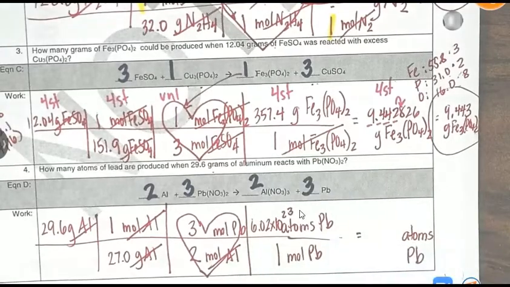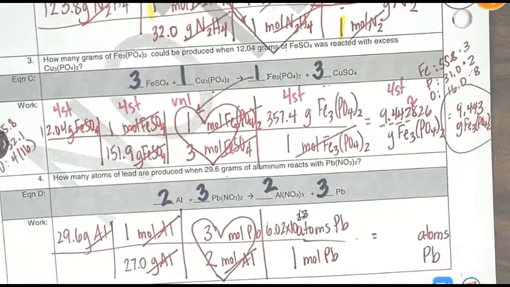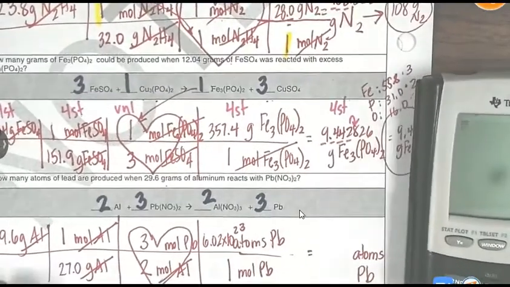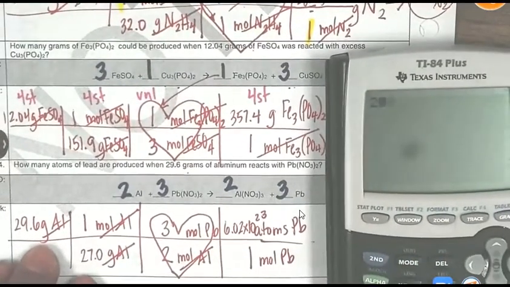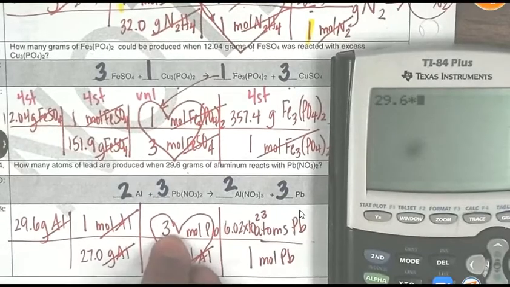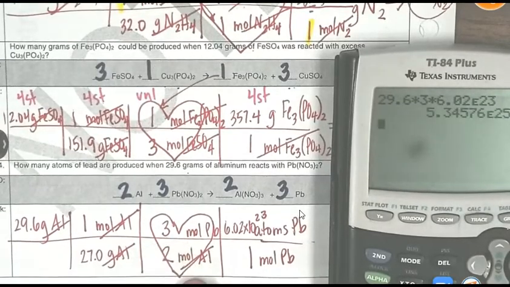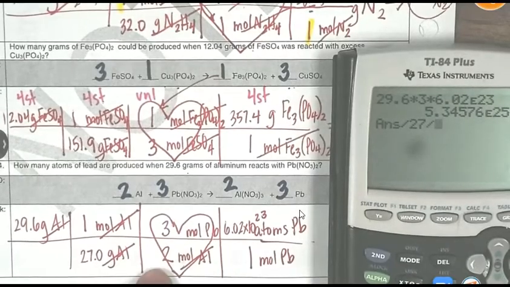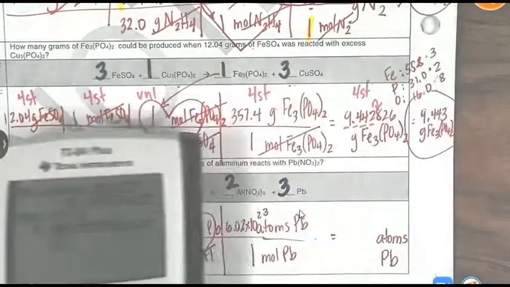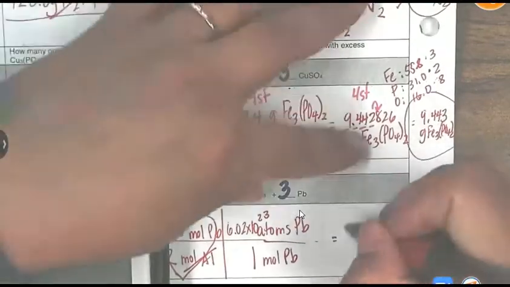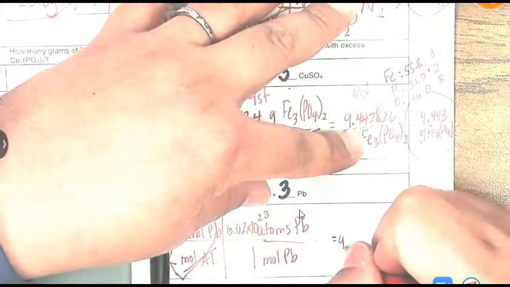Okay. Now I put this in my calculator. To put this in my calculator, I'm going to take 29.6 times 3 times 6.02 E 23 divided by 27 divided by 2. And I get 9.8995 times 10 to the 23rd.